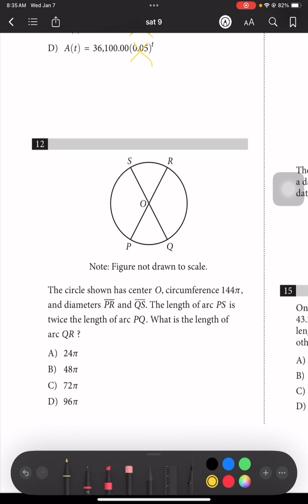Okay, figure not drawn to scale. Center O, circumference, diameter. The length of arc PS is twice the length of arc PQ. PS, PQ, okay.